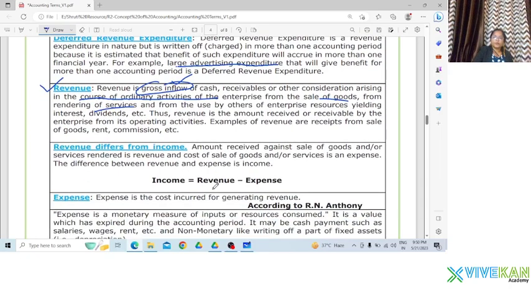Revenue differs from income. Other income may also be there. Income is something where you take revenue and deduct expenses, and then you are earning net income.